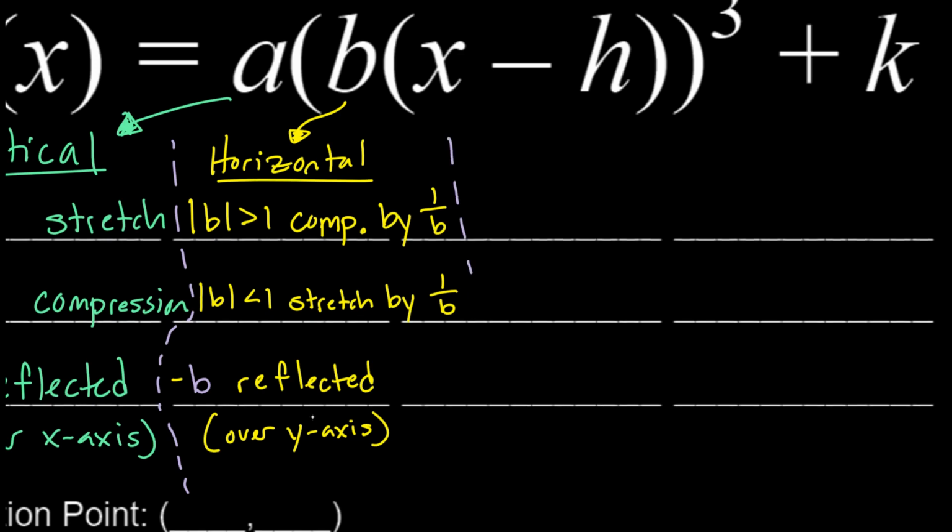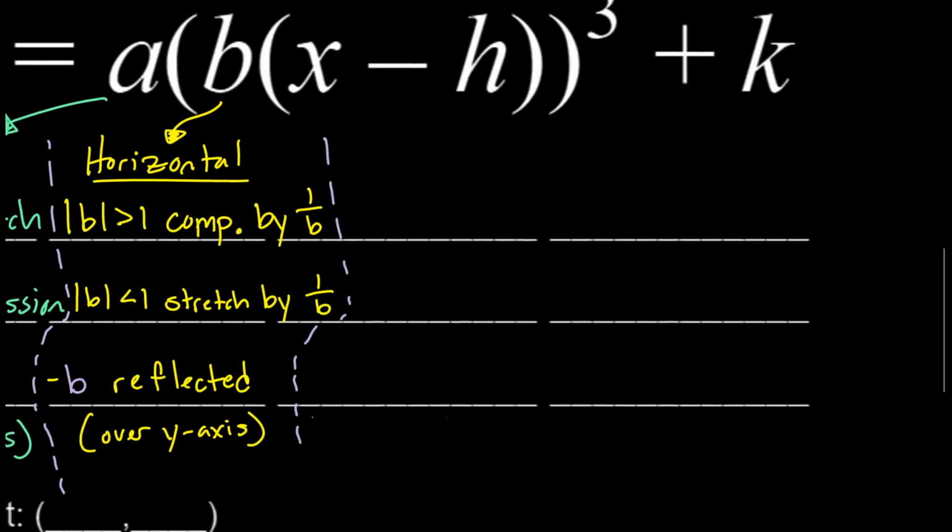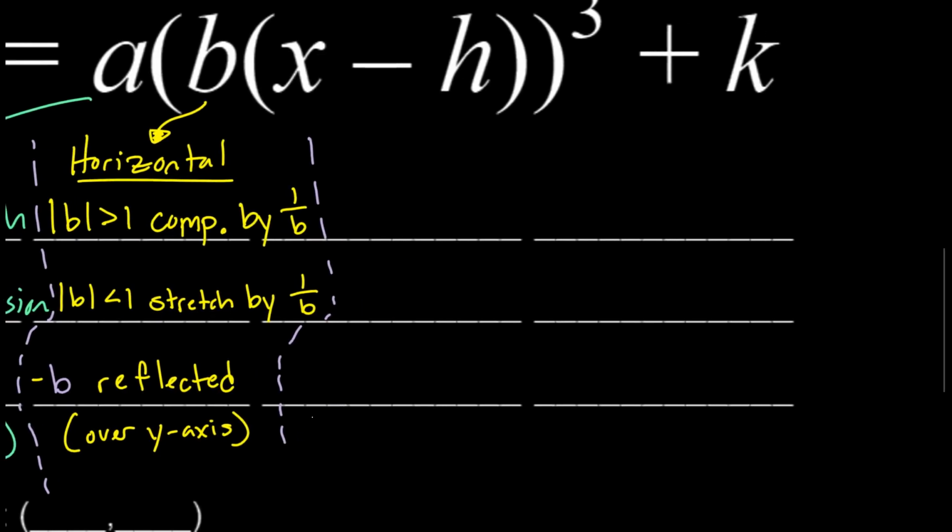All right. Now, back to the easy peasy stuff. H, what do we call H? What does it do to the graph? Horizontal translations.